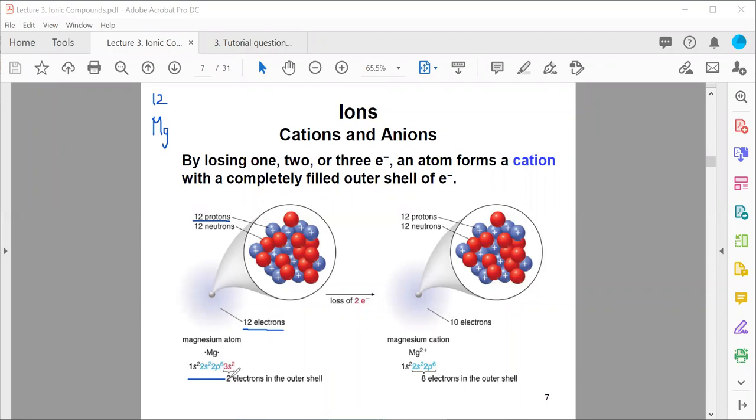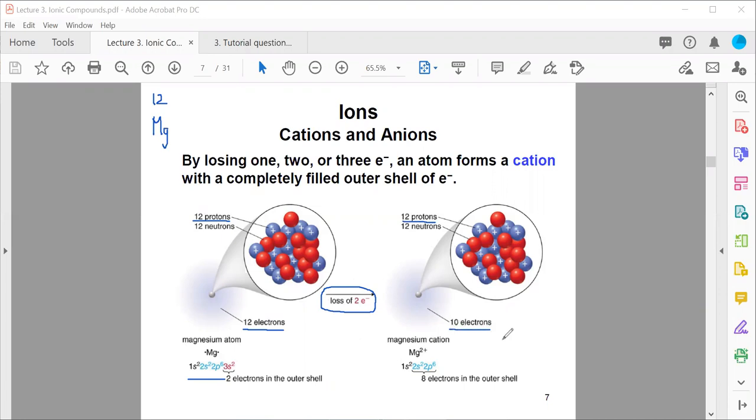All right, so here's the electron configuration for magnesium. 1s2, 2s2, 2p6, and here's the valence shell. 2 electrons in the outer shell. Once again, not particularly stable, this configuration for magnesium. So magnesium has this tendency to lose those 2 valence electrons. The end result is that it still has its 12 protons, but now it only has 10 electrons.